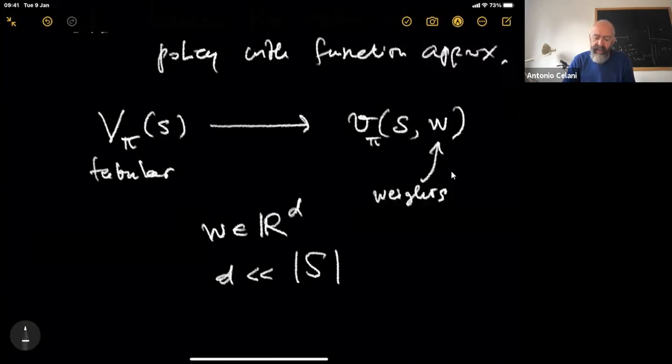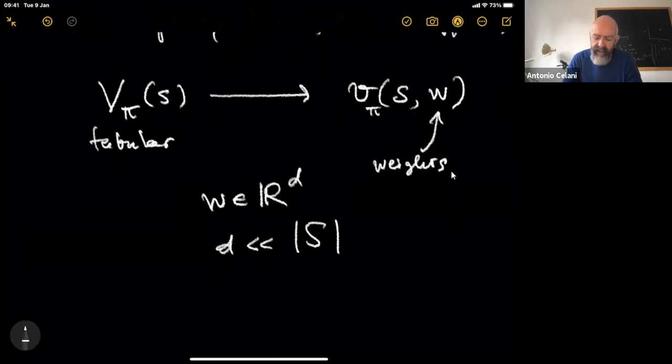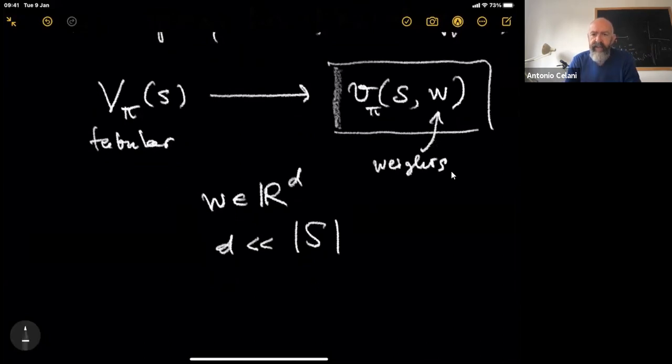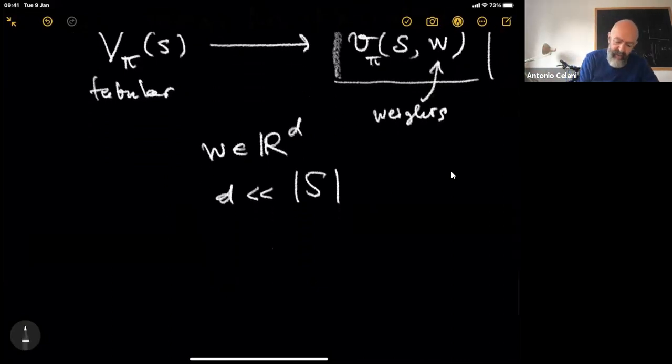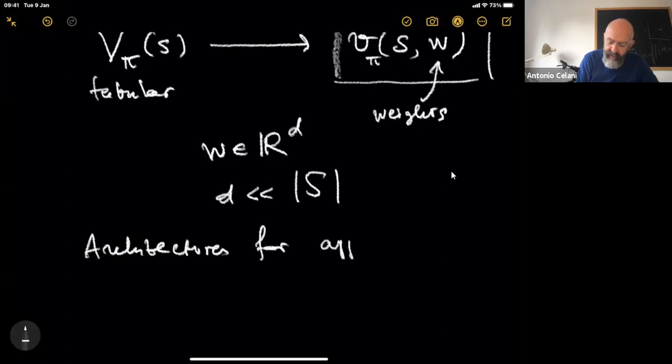And of course, this expression that I'm writing here is very general. Okay, so this contemplates every possible parameterization of my value function. But in practice, there are two main architectures for this, which we will discuss. So the architectures for approximation.